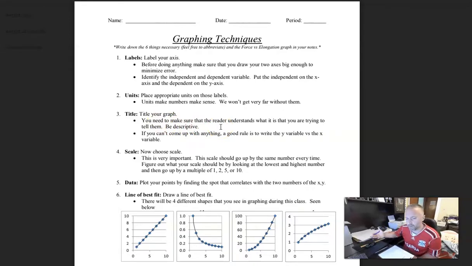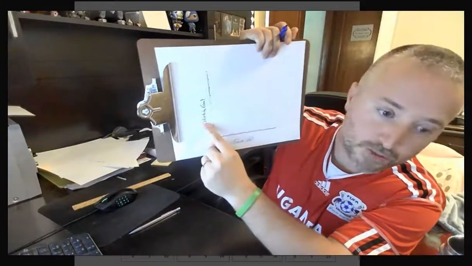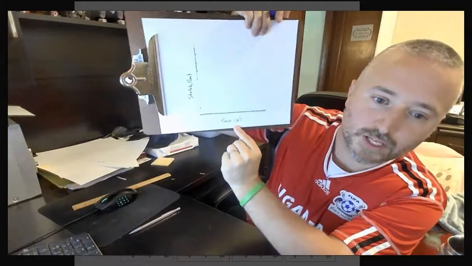Now, if you don't know any better, or you just want a general way of doing it, if you can't come up with anything, like it says here, here's a good rule. Write the y variable versus the x variable. Not those exactly, just what is the y variable versus what is the x variable. So there's the y variable, and there's the x.